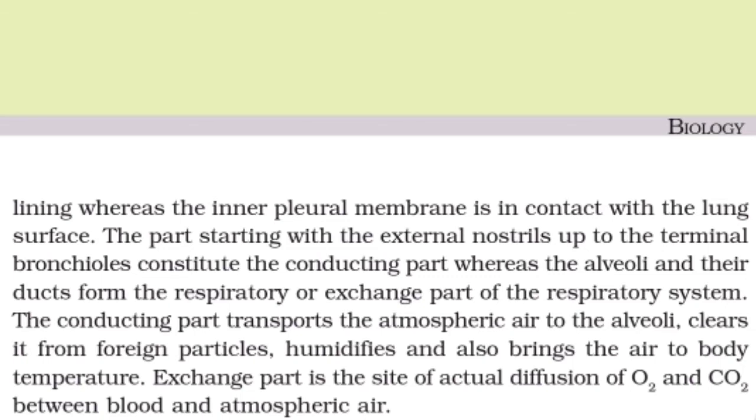The conducting part transports the atmospheric air to the alveoli, clears it from foreign particles, humidifies it, and also brings the air to body temperature. The exchange part is the site of actual diffusion of O2 and CO2 between blood and atmospheric air.